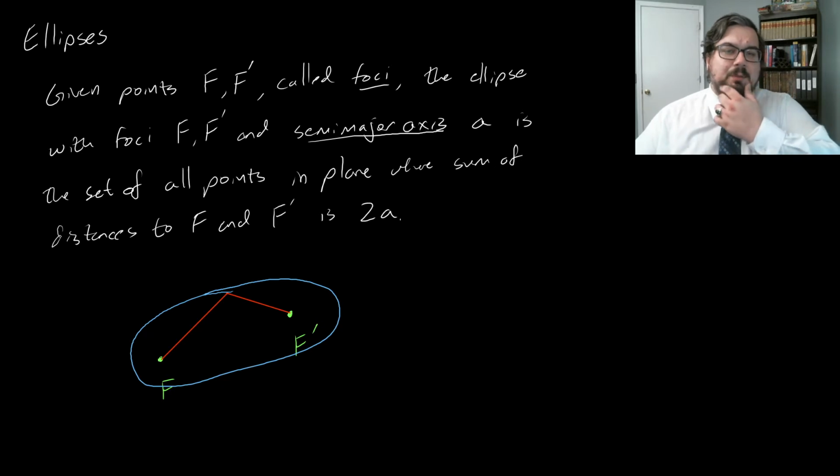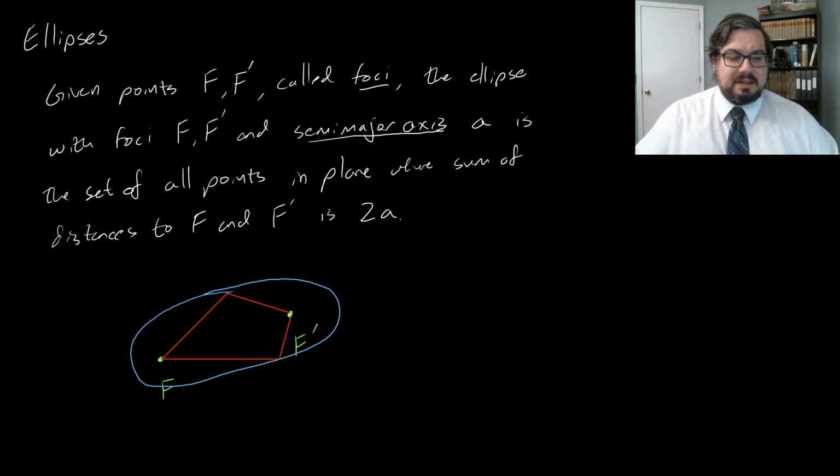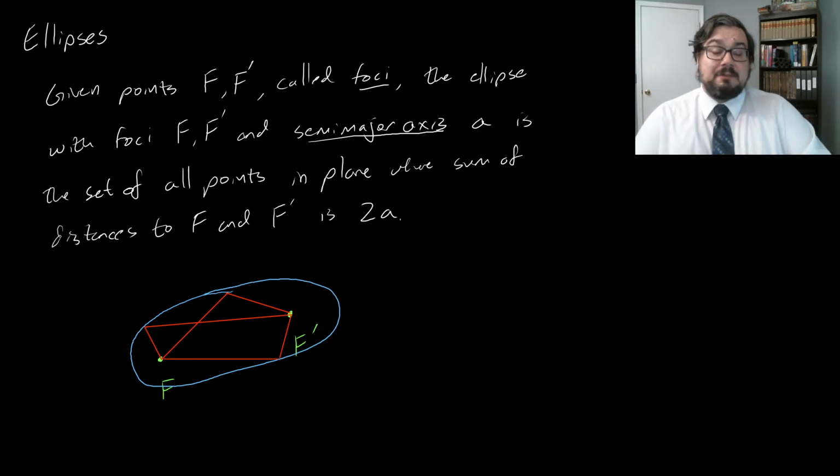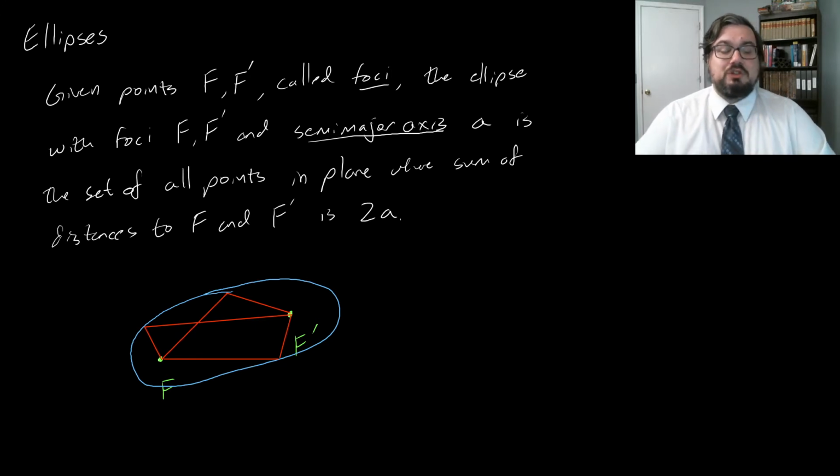It produces what is commonly described as an oval. An ellipse is the technical term here. So the point is that every point on this shape has the property that if you take the sum of the distances to F and to F prime, the sum of those distances is always 2a.